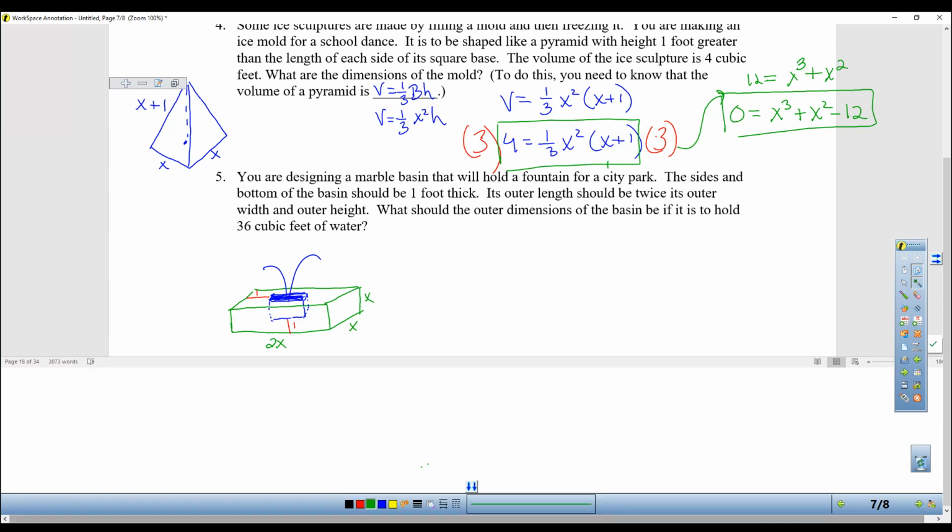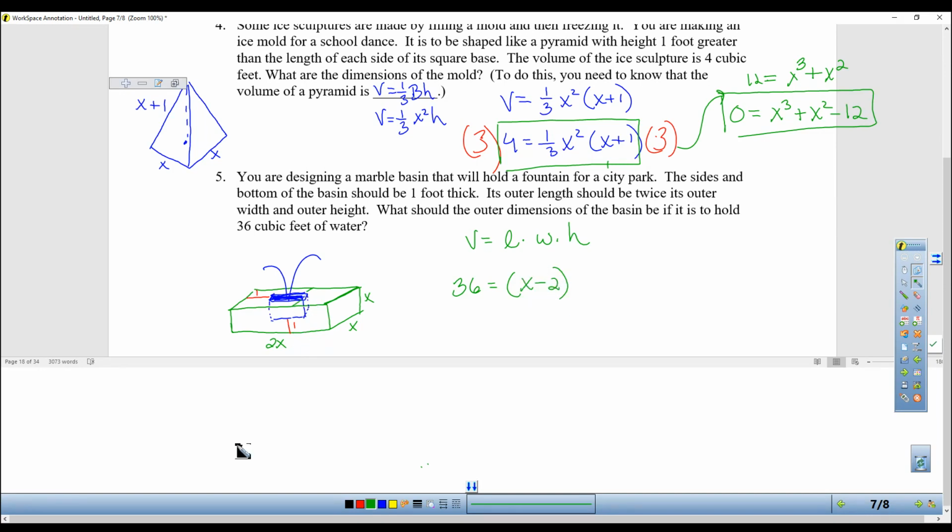Basically, it's a rectangular prism, whose volume is length times width times height. And they gave us this blue volume, which is 36. So what are the dimensions of the little blue space? Well, if the entire thing is x, but they came in a foot in either direction, then it's going to be x minus 2.